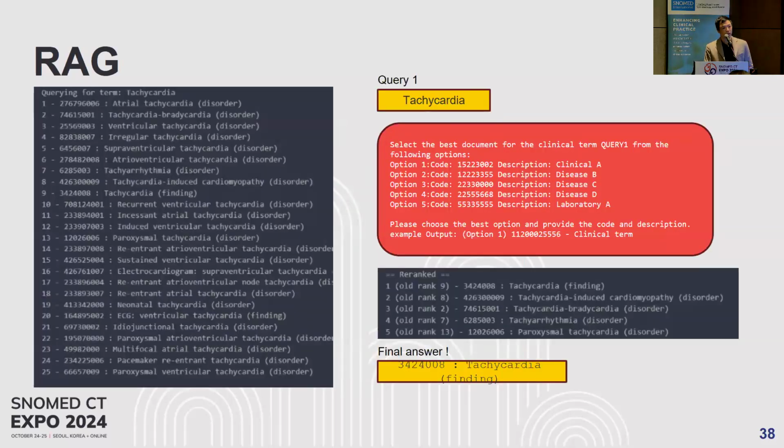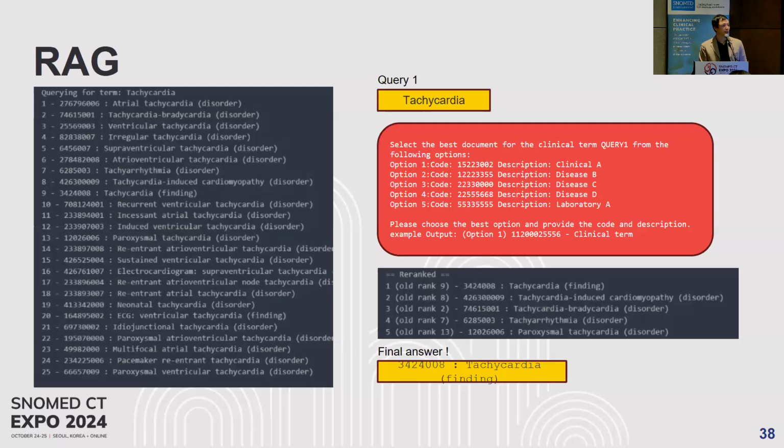This is our actual output for the tachycardia term. We first select the nearest terms, in this case the 25 top nearest terms. I don't know if it's too small, but the tachycardia we want in the first 25 terms is on the ninth, because in SNOMED CT, tachycardia is a common term.